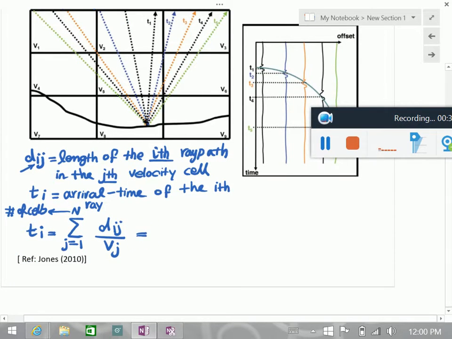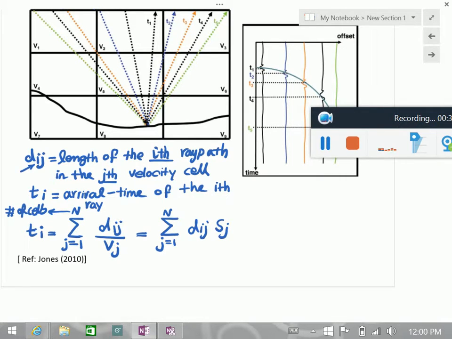Now we can write this conveniently this way. Dij times s sub j, where s is 1 over velocity. What did we call this quantity before? Slowness, right? Thank you.